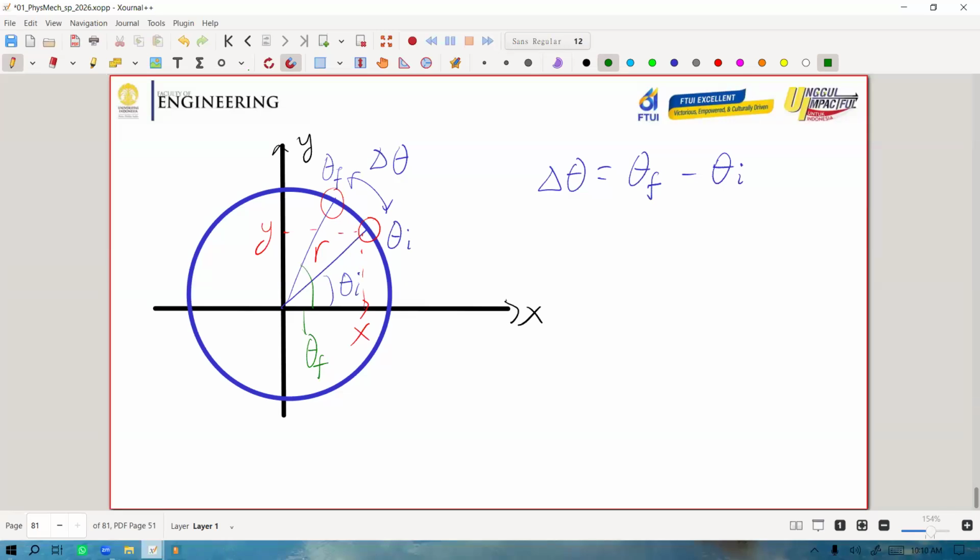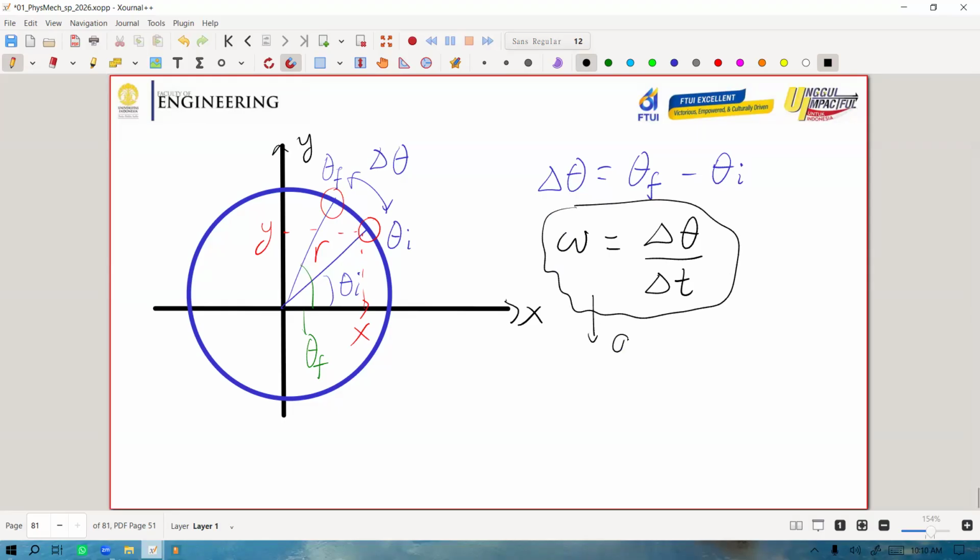If we divide by time, delta theta by delta t, we get the angular velocity. The angular velocity, omega, is defined as delta theta divided by delta t. This is the rate of displacement of theta per unit time.